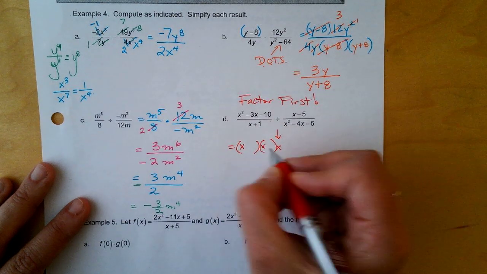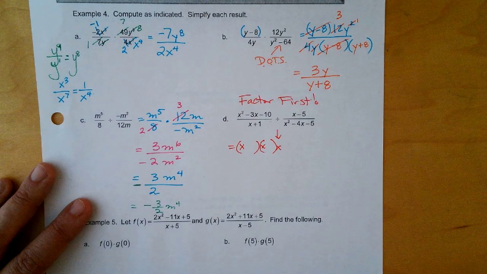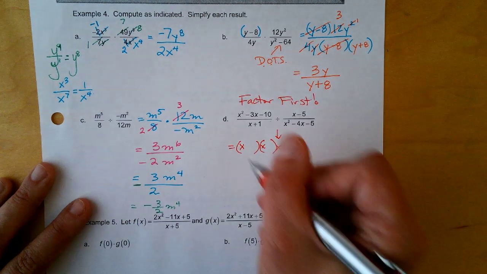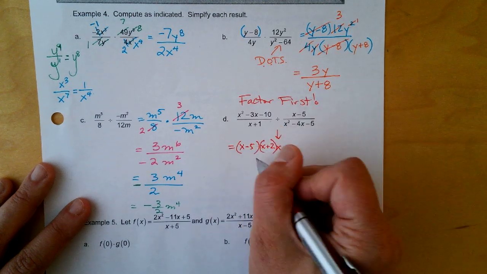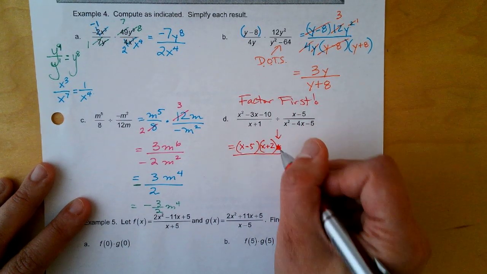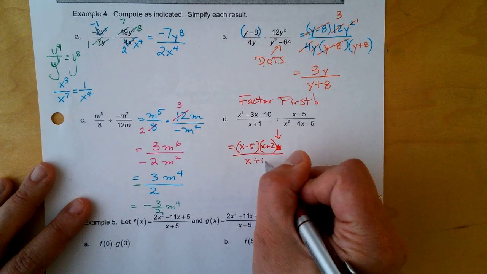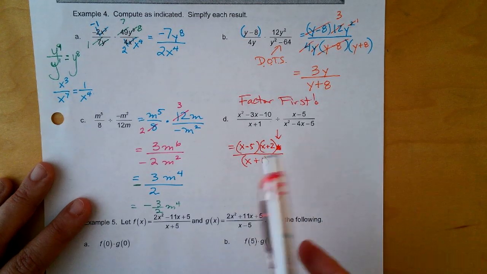X times x gives us x squared. What gives me negative 10 and adds to negative 3? Negative 5, positive 2. Okay, that stays. I'm going to not use multiplication as an x there because that will be confusing. X plus 1. I'm going to put parentheses around that to show that that's already factored.